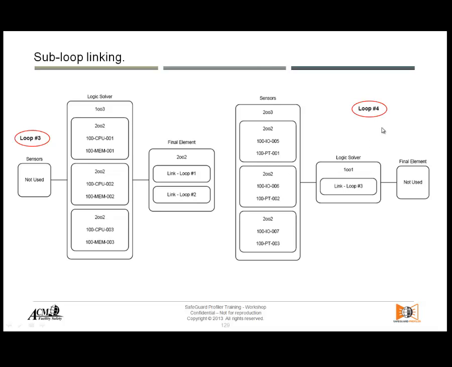And then I can create loop number 4, on which I can concentrate on the sensors, and when I get to the logic solver part, I only link to loop number 3. Inside loop number 3, I know that there's this information that I created in loop number 3, and that loop number 3 is further linked in a chain to loops 1 and 2.